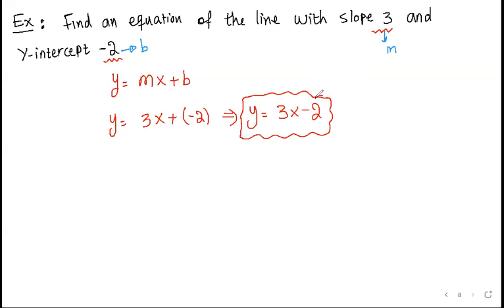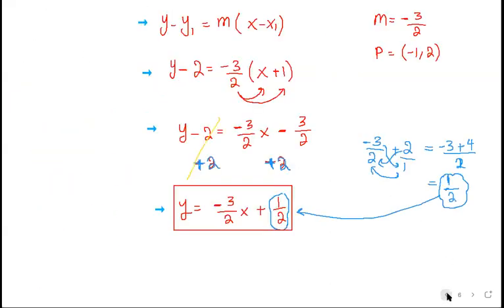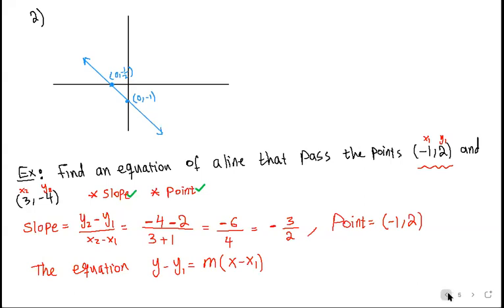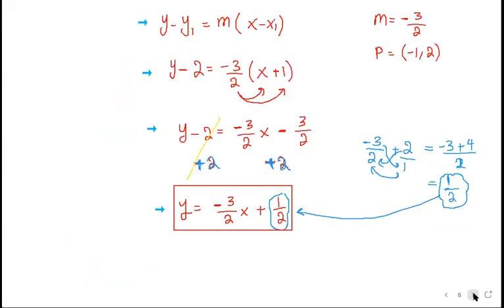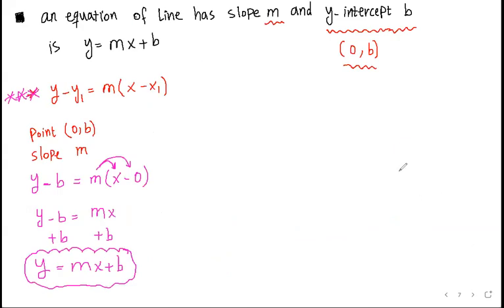Now let's go to a new topic, the vertical and horizontal lines. So we learned the slope, and how we find the equation of the line by using the slope. If I give you the slope and the y-intercept, we use this formula.